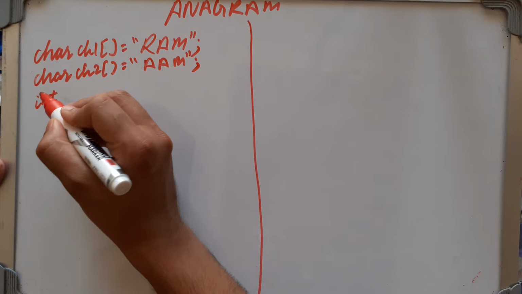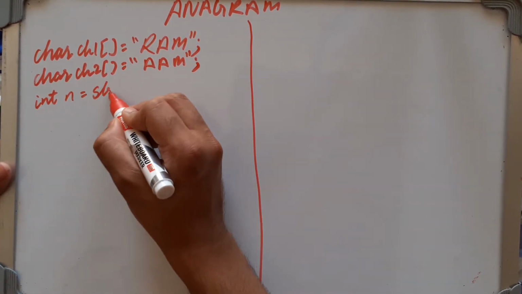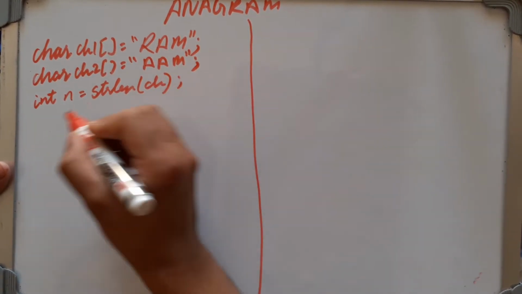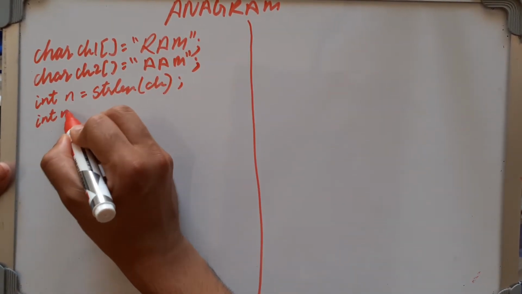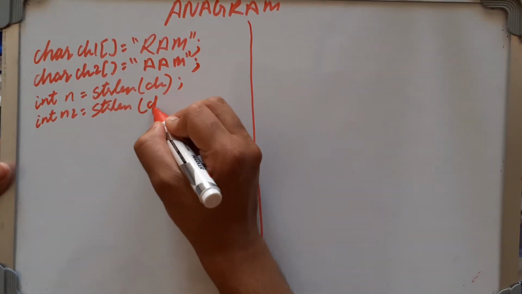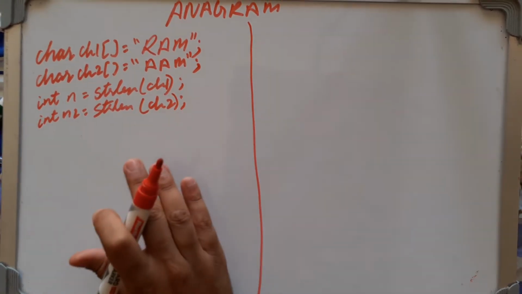Like int n equals to strlen ch1, int n2 equals to strlen ch2, ch1 and ch2. Okay, now you are having the length.